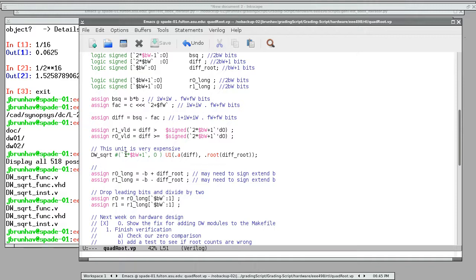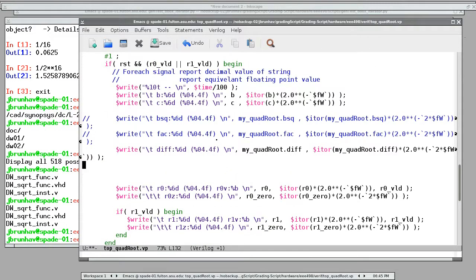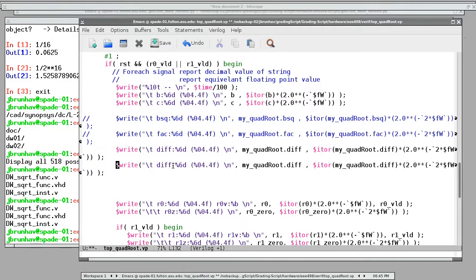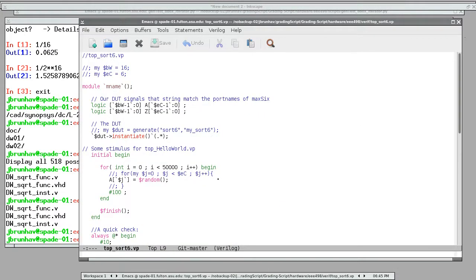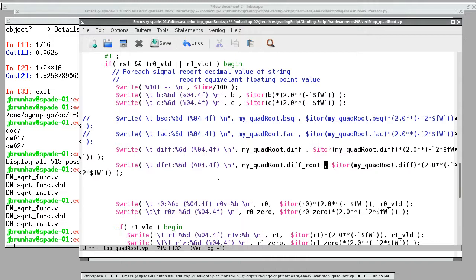Sure, I don't think that's going to magically make our answer right. So we're just going to print out diff root. Called it diff under root.